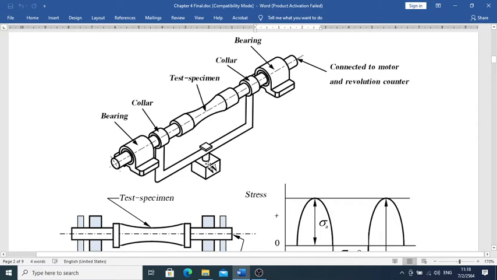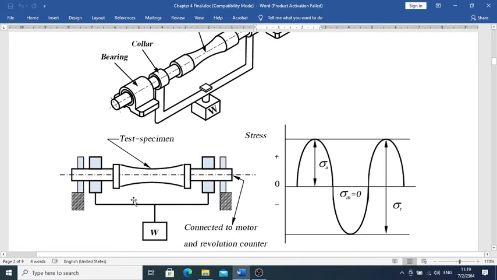If we make a free body diagram, a force acts here and another force acts here, so we have a bending load applied to the workpiece. With the forces acting here and here, we cause a reversed bending.